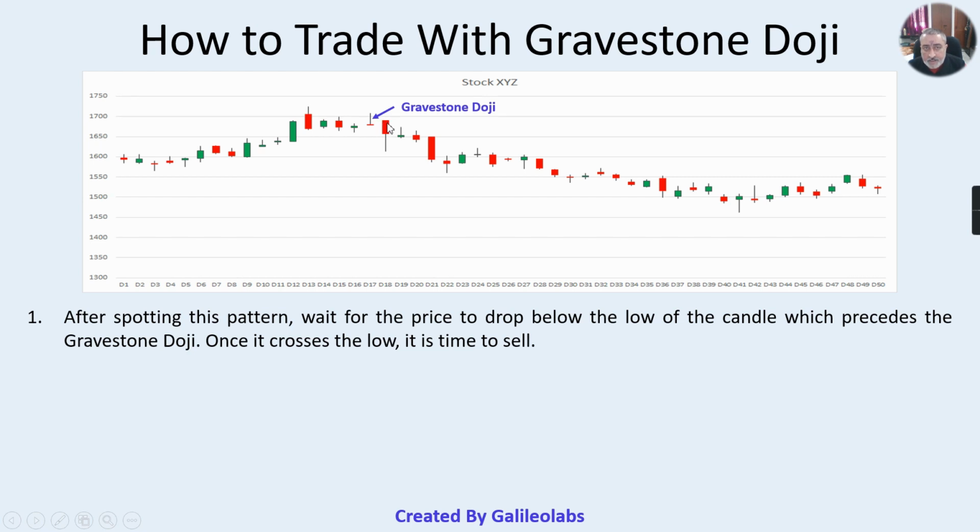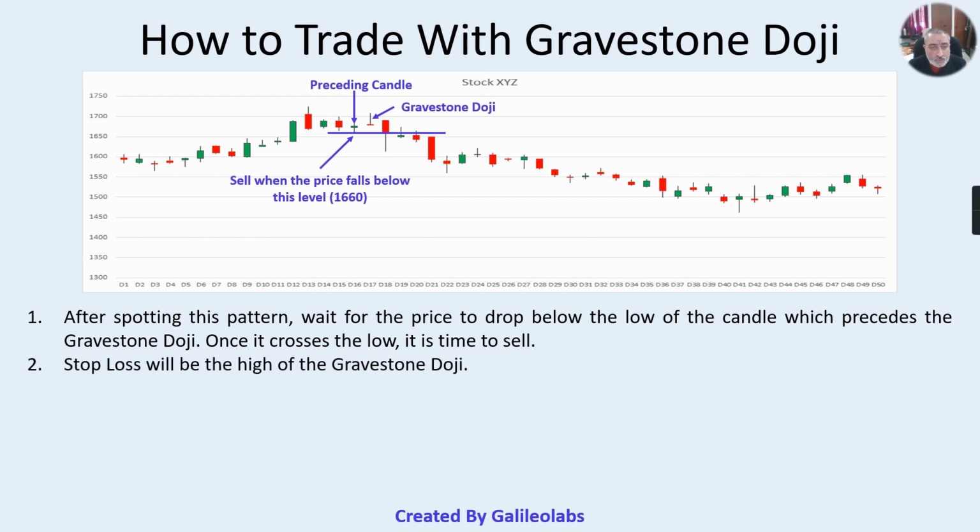So the prices have to go below the low of this preceding candle, and we will enter a trade only and only if the price gets below the low of this candle. So we will be selling at this price, which is around 1660.